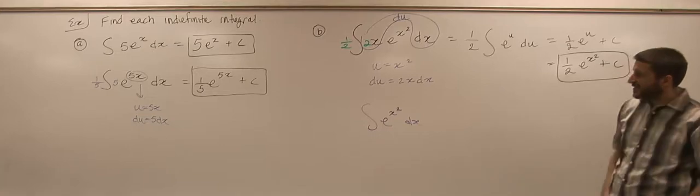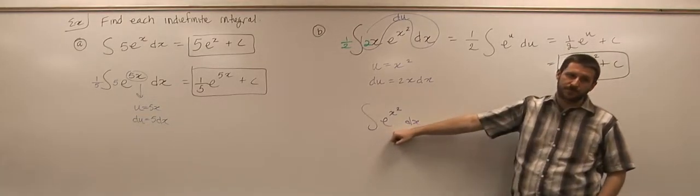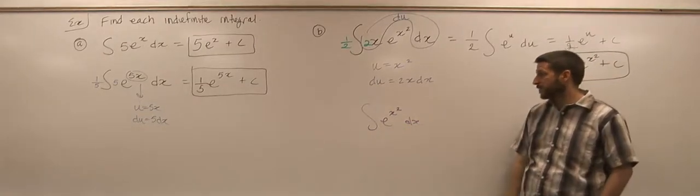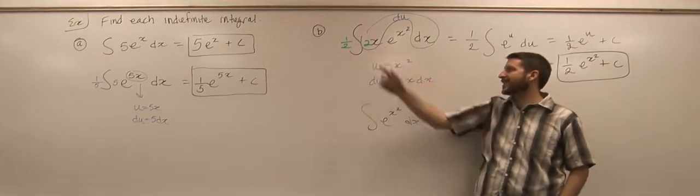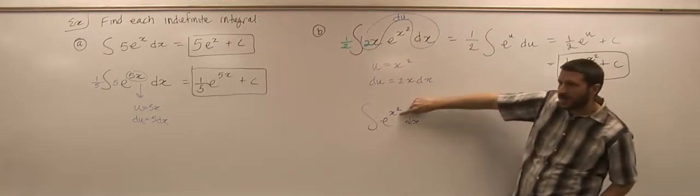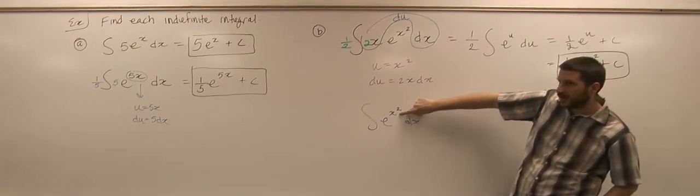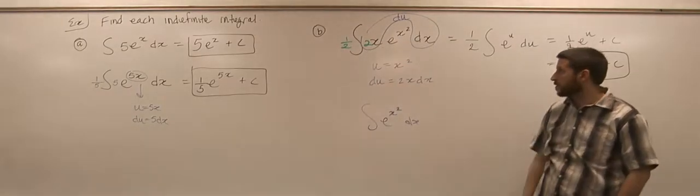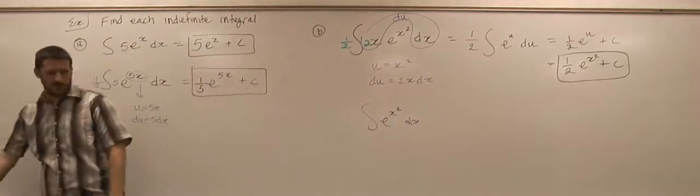This guy does not have an indefinite integral that can be written as any function you know. This guy's not integrable, not without infinite sums. So this x here, if you put anything other than x, or a constant times x inside of here, you're going to have to make up for it with a derivative. Otherwise the integral won't be possible. So this guy's not expressible in terms of any functions that you've studied.